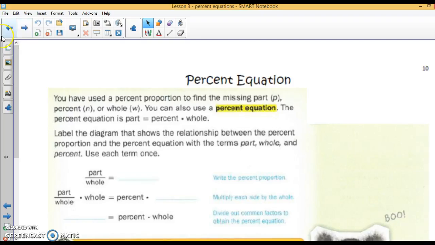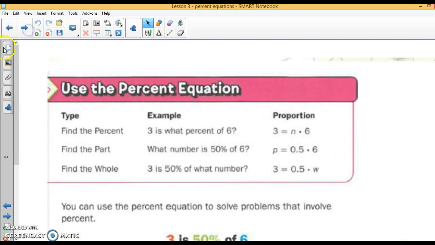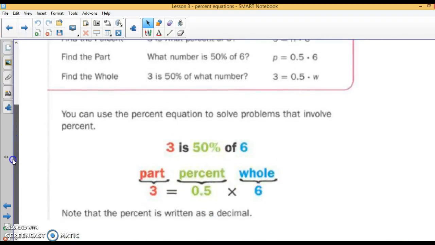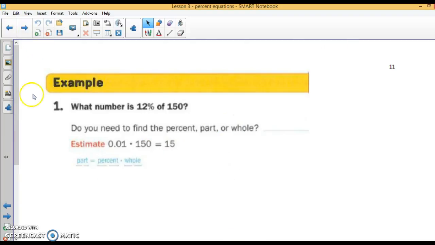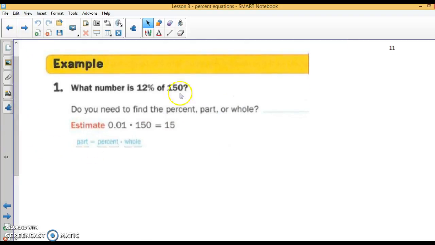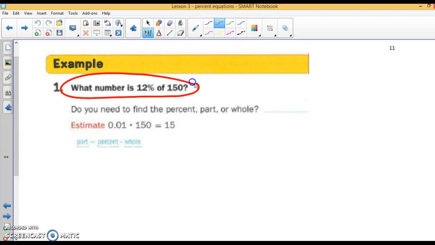All right, so I think these make a lot of sense. You basically write an equation directly from the sentence. What number is 12% of 150? Well, what number? That's going to be x.